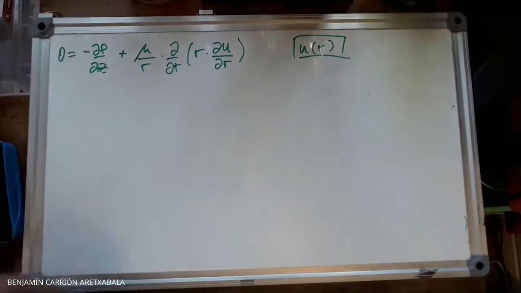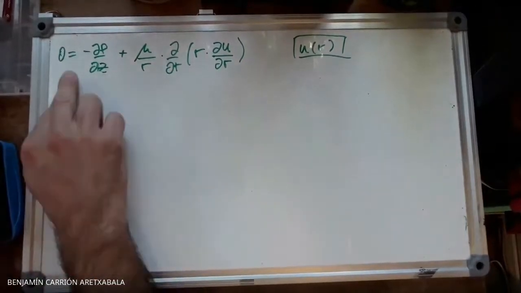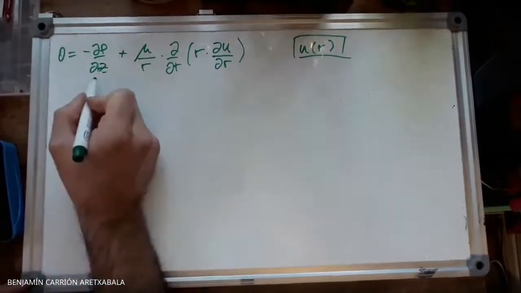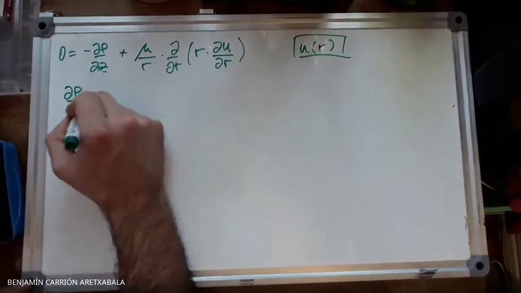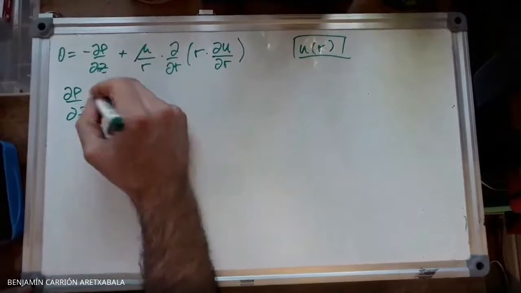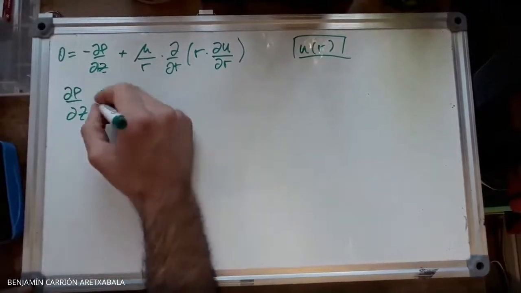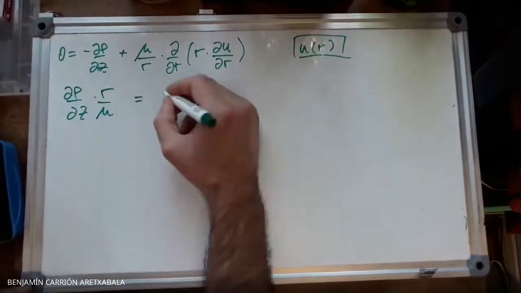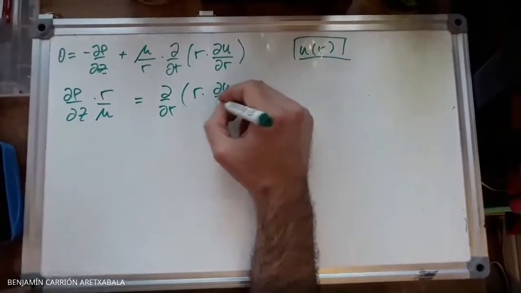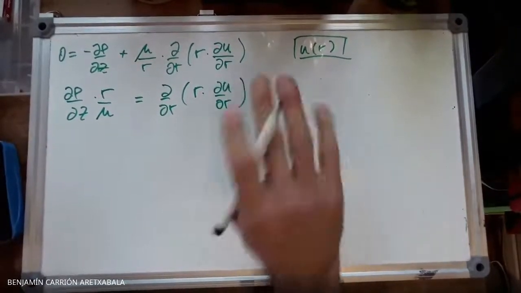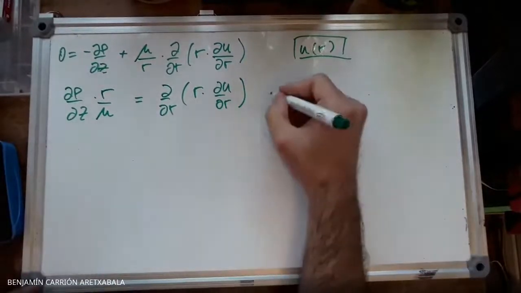So what we're going to do is simplify this and integrate. So let me move this to this side. So we get dp over dz, and I can multiply this by r and divide by mu. And this has to be the same as d dr of r du dr, right? That shouldn't be too scary.